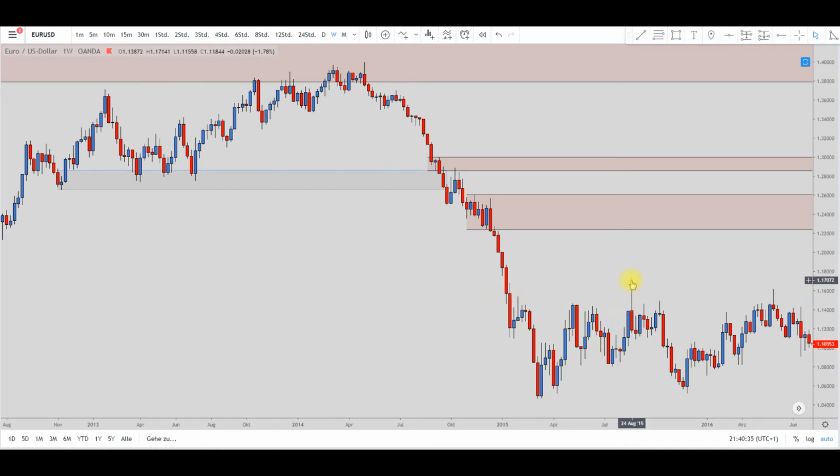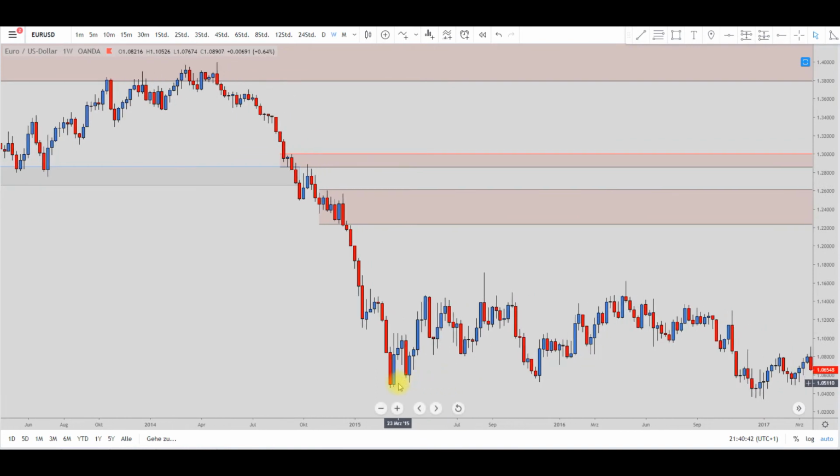We then went through and went back into this already tested demand zone.